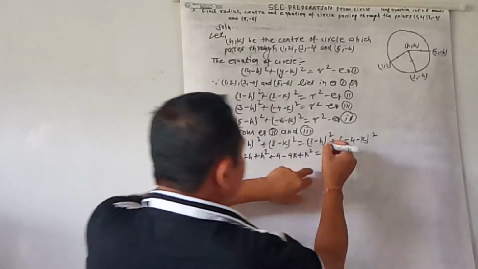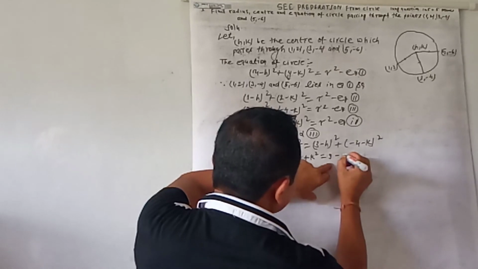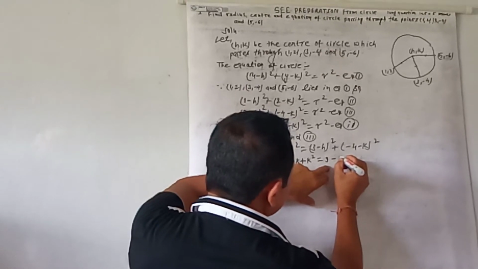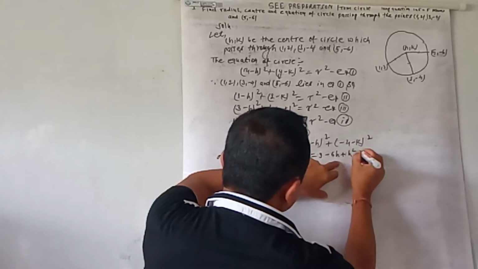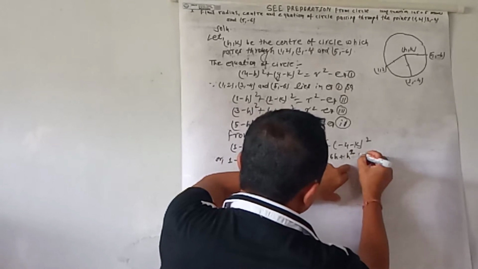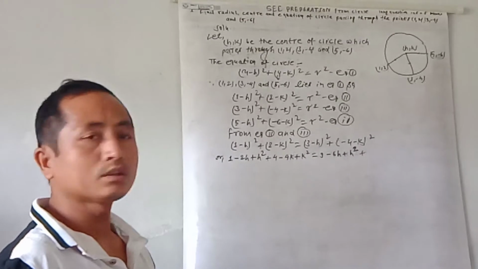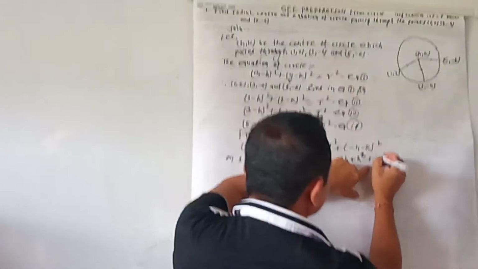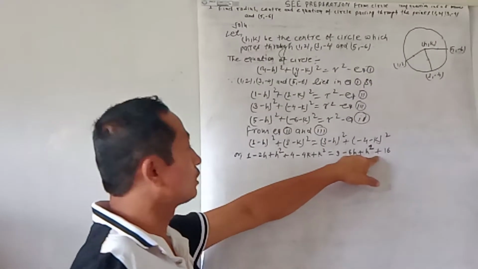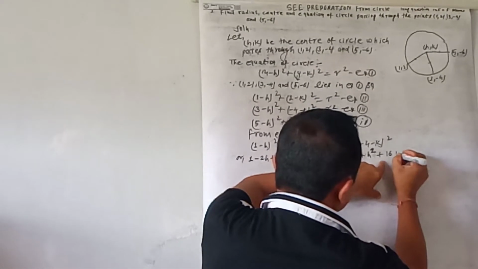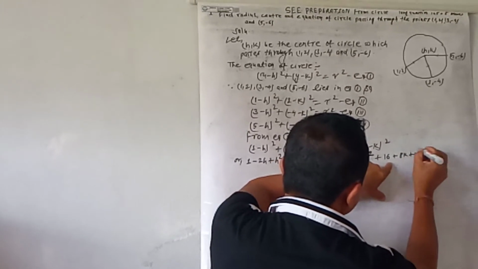Similarly here, (3 minus h) whole square is 9 minus 6h plus h square, plus (-4 minus k) whole square: -4 square is plus 16, plus 8k plus k square.